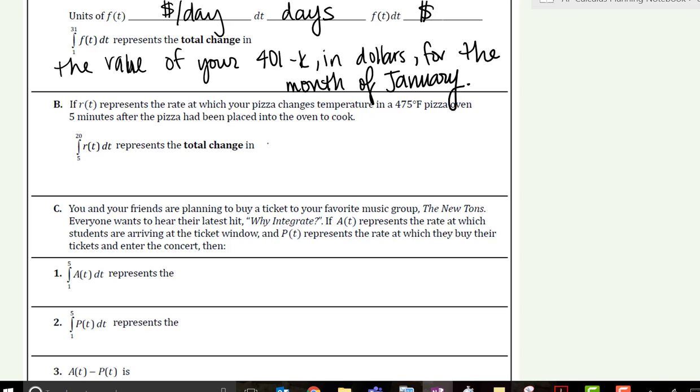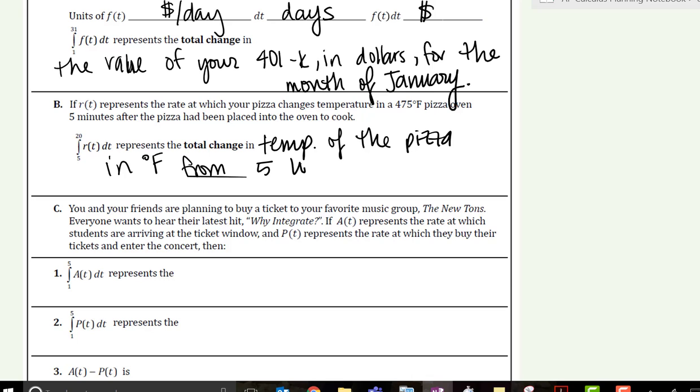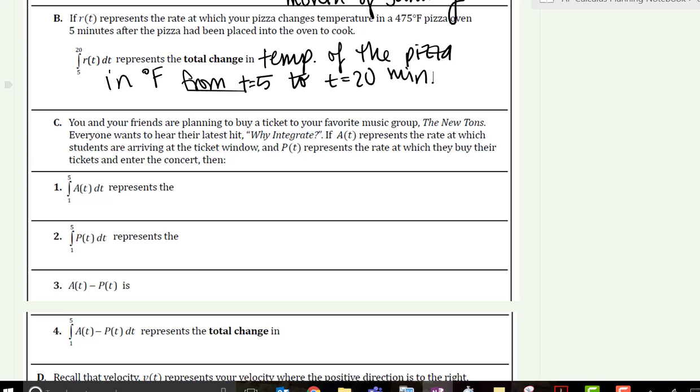So that is going to be the total change in temperature of the pizza in degrees Fahrenheit from t equals 5 to t equals 20 minutes. If you guys want to press pause and try to do part C on your own, that is highly recommended, and then press play and check the answers.